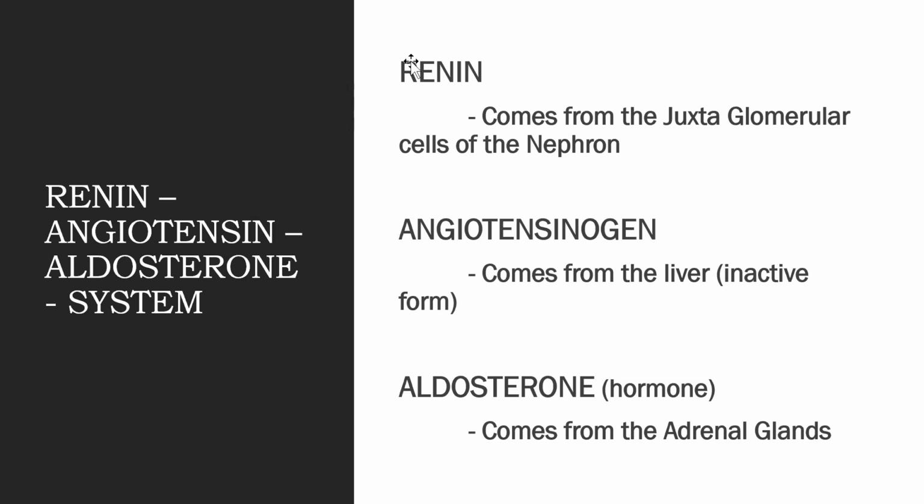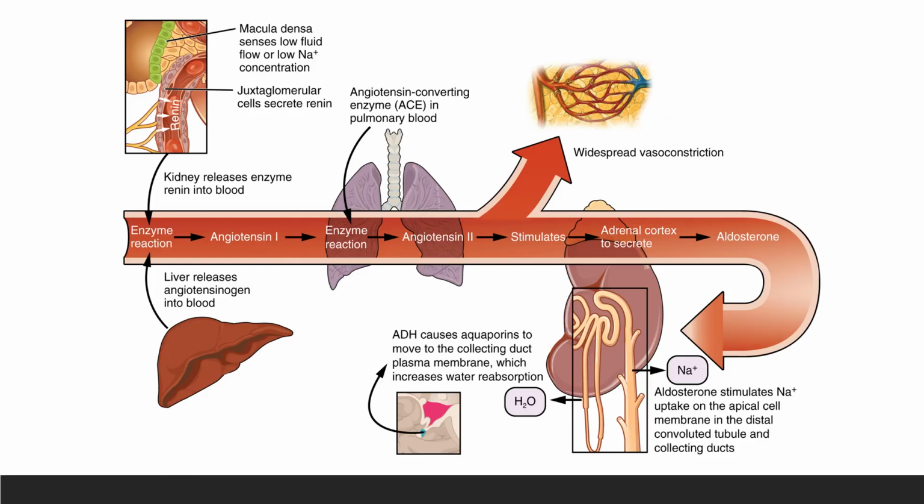Renin is going to come from the juxtaglomerular cells of the nephron. Angiotensinogen comes from the liver, and angiotensinogen is the inactive form, but we'll talk about that in a second. And aldosterone, the hormone, comes from the adrenal glands, which, if you can remember, we reviewed and learned about in the endocrine system, but we're just going to refresh ourselves.